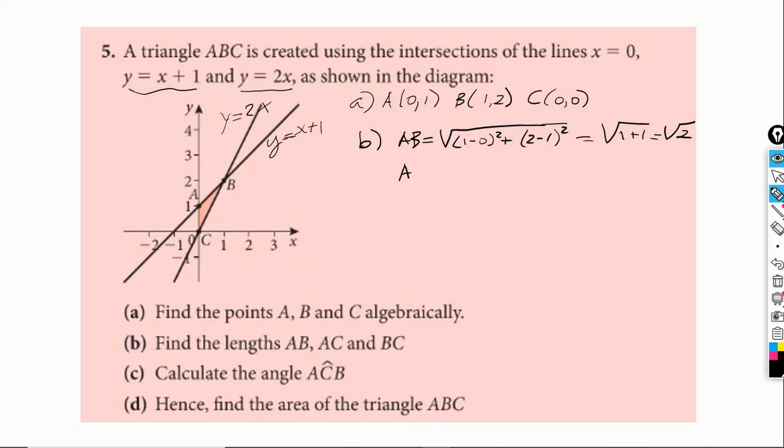Very well, now we need to find AC. So for AC, you apply the same distance formula: 0 minus 0 squared plus 1 minus 0 squared, and that's going to be equal to the square root of 0 plus 1.